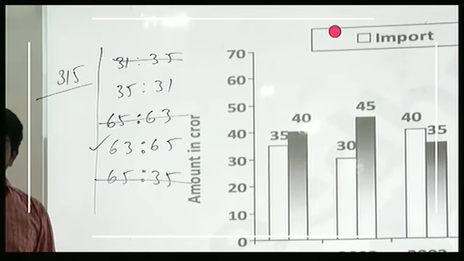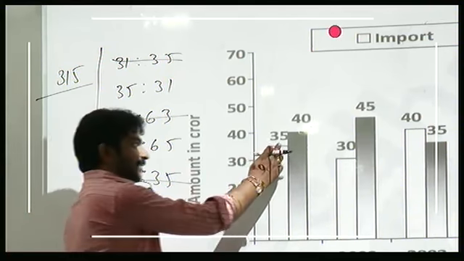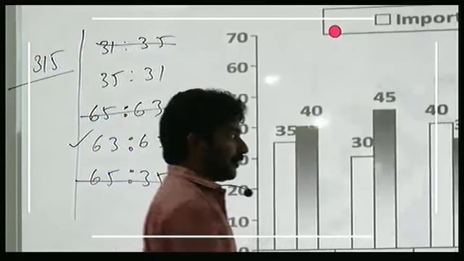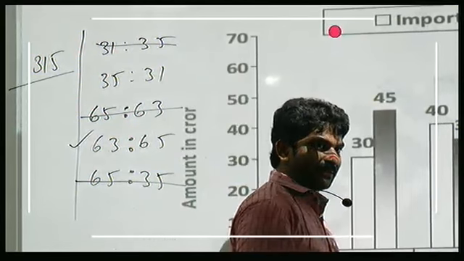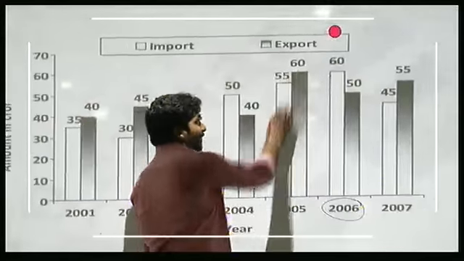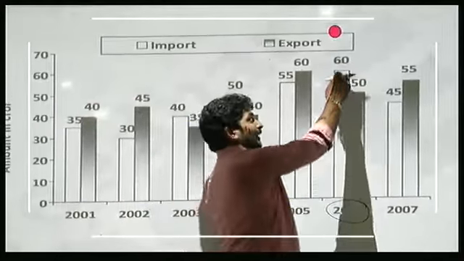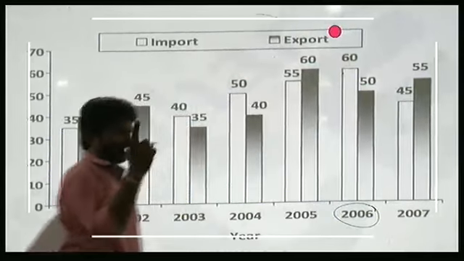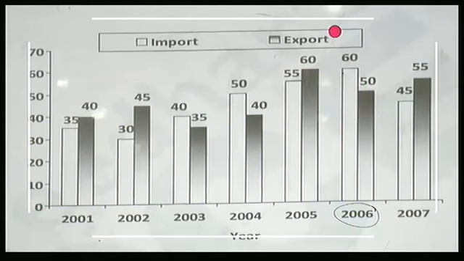Just observe the values. 5 more, 15 more, 20 more, 5 less, 20 minus 5 is 15, 15 minus 10 is 5, 5 plus 5 is 10, 10 and 10 cancel. It is 10 more. So total exports are more than total imports. The second number should be more than the first number.